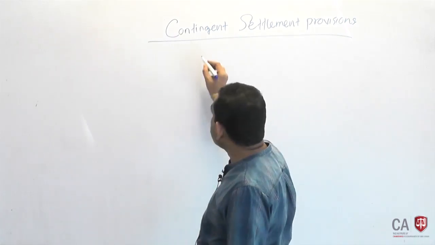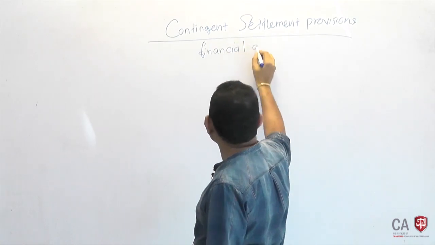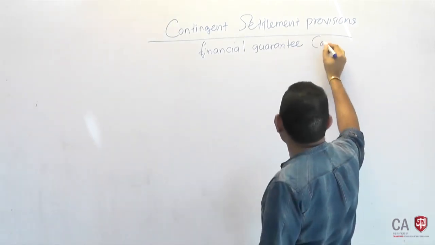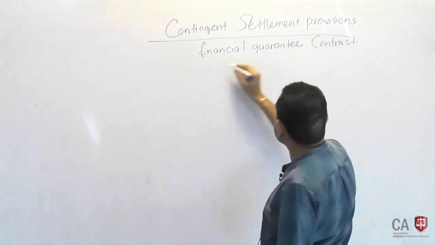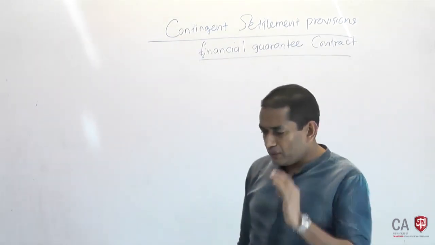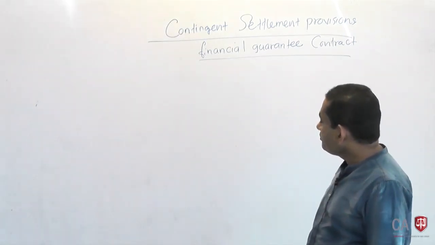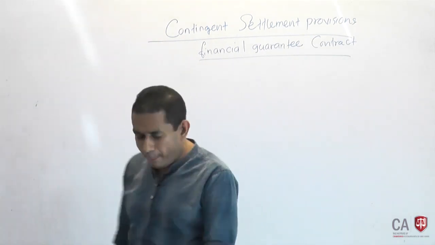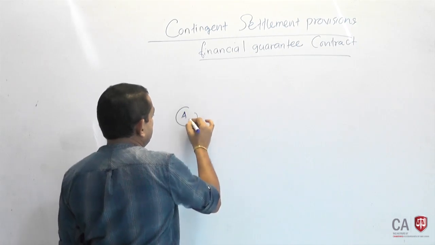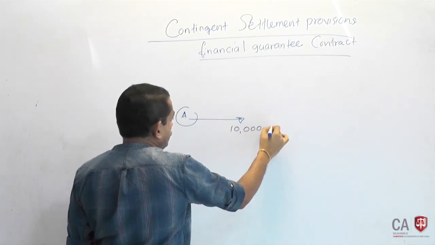an example for this, say financial guarantee contract. Before this I must tell you just a small point, and that will be supportive and complementing you all. Say company A has 10 million worth of ordinary share capital.